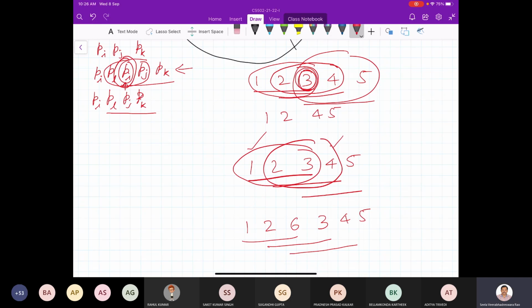So these vertices are in the priority queue. Suppose you have to reduce the weight of a node I. I is in the priority queue. How to look at this node I in the priority queue?